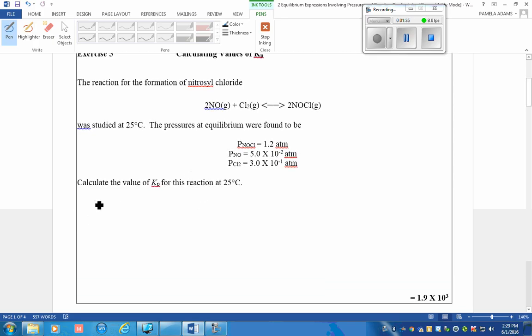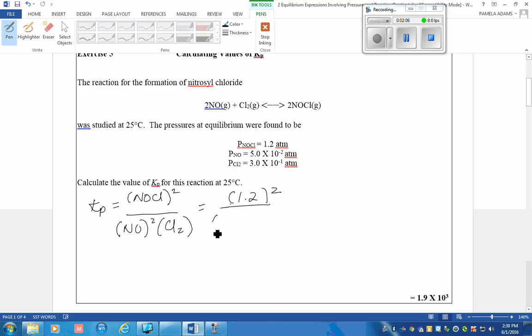Well, Kp is the same as Kc. The only difference is that to denote pressure, we use parentheses instead of brackets. So we have the product, NOCl. We take the coefficient and make it the exponent, over the reactants. That would be NO raised to the second power and Cl2. These are equilibrium values, so we just put them into the expression.